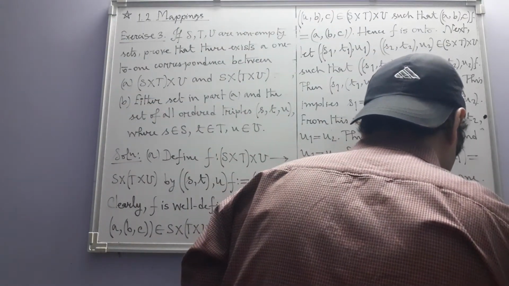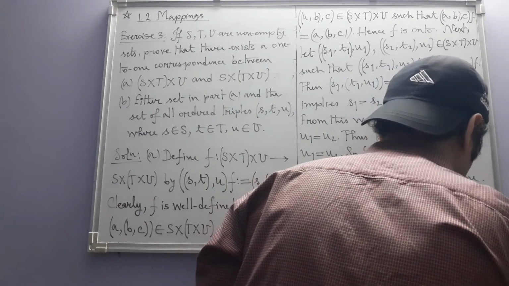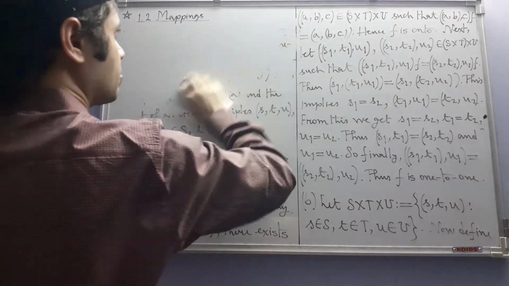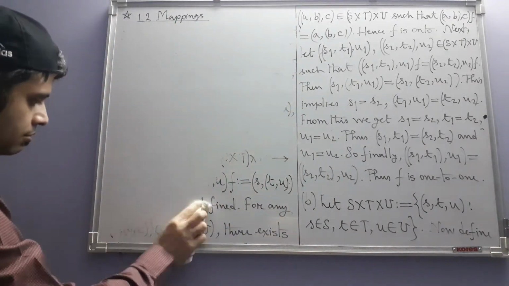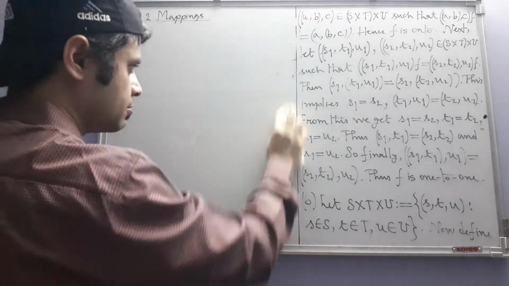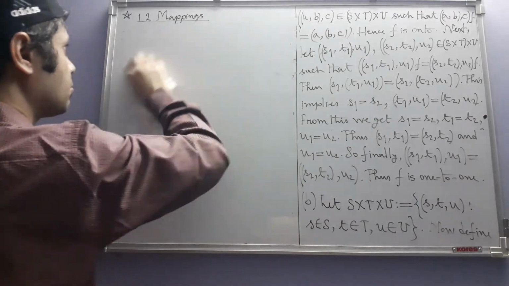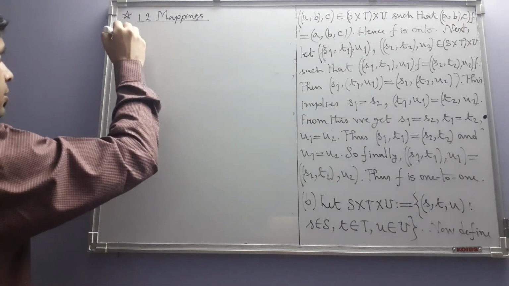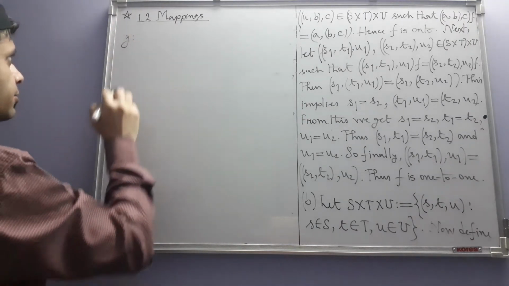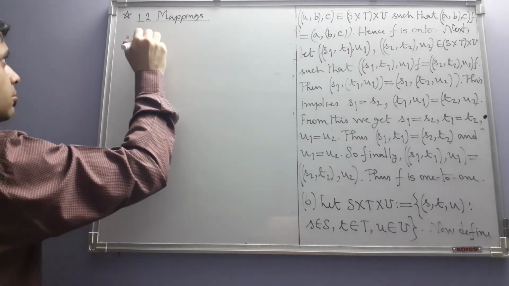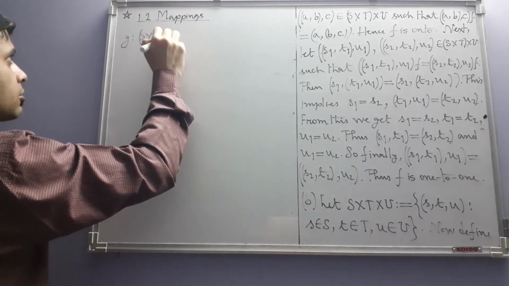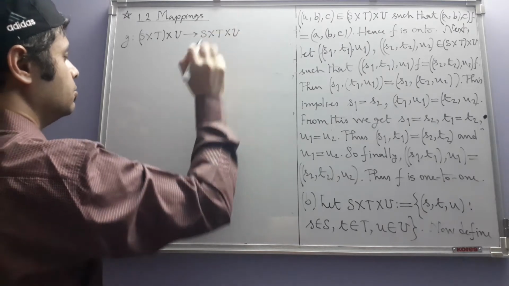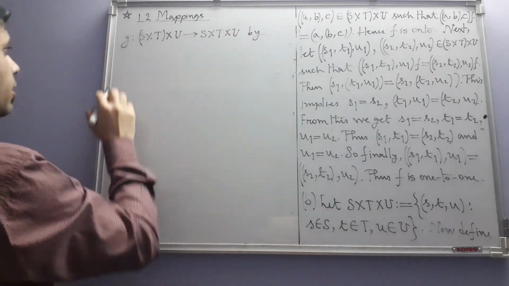Now define a function. Since we have already used f, let us denote this by g, from S cross T cross U to S cross T cross U by this formula.